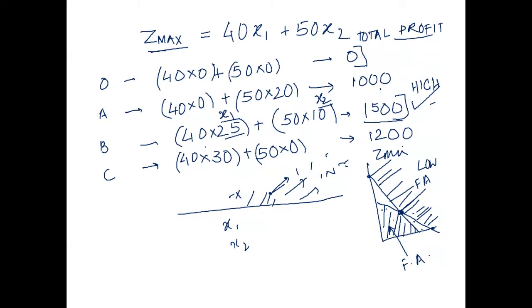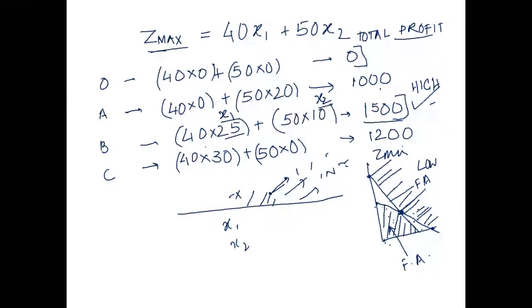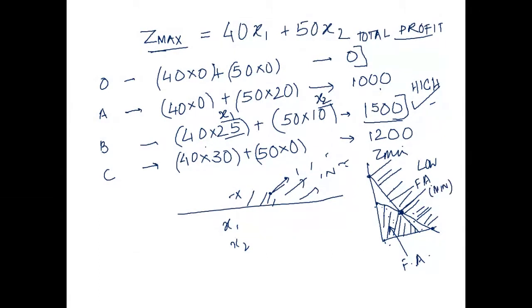Here also, this area is common to all the points O, A, B, C. All four are being covered by this area. Similarly, all three are being covered by this area. This is for minimization. This is for maximization.